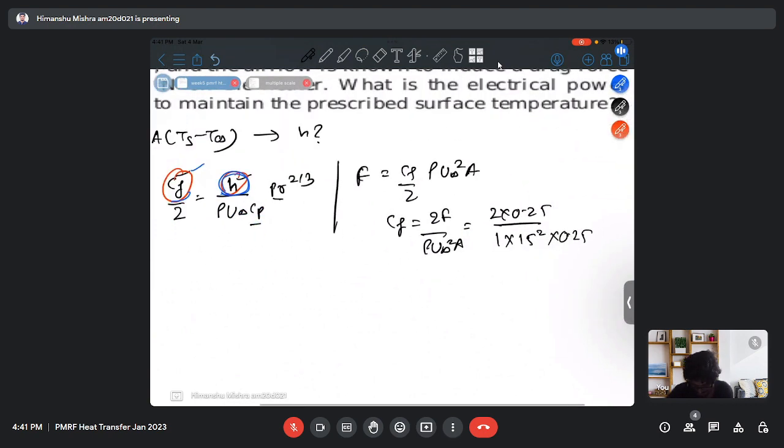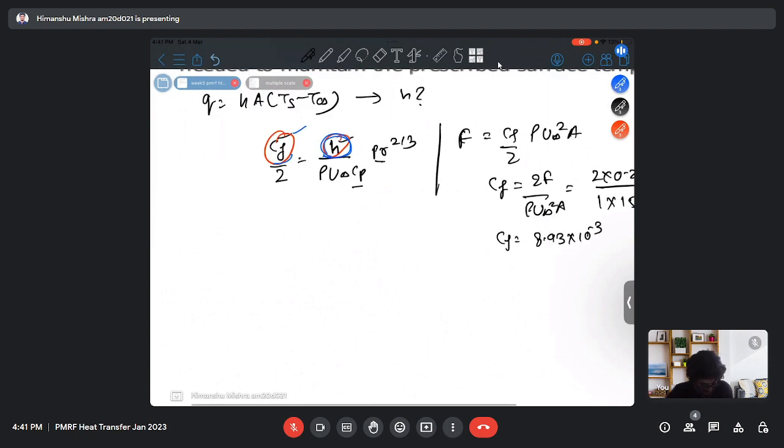I will get my drag force coefficient as 8.93 times 10 to the power minus 3, and then I can use the same thing to find the heat transfer coefficient, which is Cf by 2.